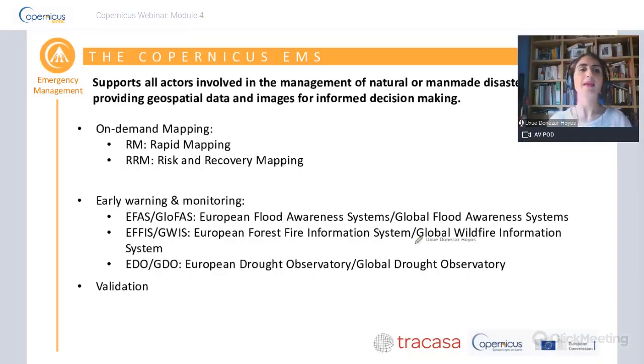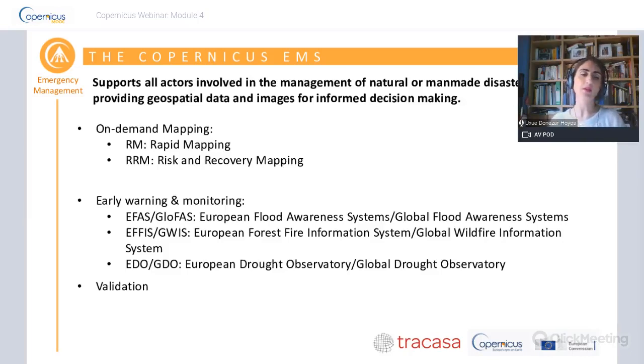The Copernicus Emergency Management Service is a service that supports all actors involved in the management of natural or man-made disasters by providing geospatial data and images for informed decision-making. It is composed of two components, on-demand mapping and early warning and monitoring. In on-demand mapping, we find rapid mapping and risk and recovery mapping.